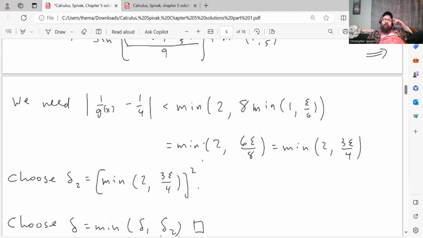So if the minimum here is 1, you end up using 2 as the minimum value. So actually here you can simplify this just to 8 epsilon over 6. Wait, did I write this upside down? I did write this upside down, didn't I? Sorry, let me fix this. This should be 8 epsilon over 6, not the other way around. So actually, this should be 4 over 3. Sorry about that.